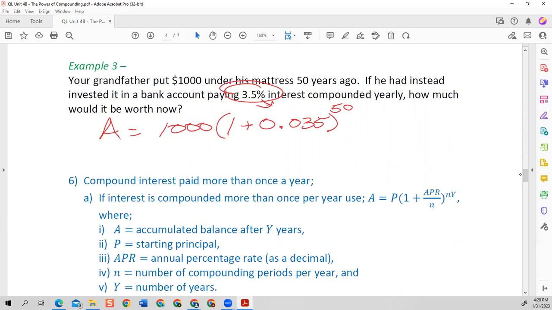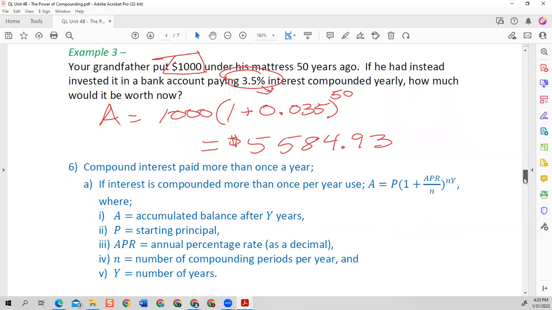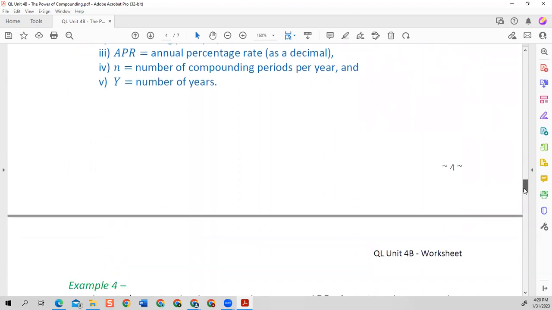And I get a total of $5,584.93. So, I mean, at the end of 50 years, he only had 1,000, but if he invested in a bank account, he would have had $5,584.93.